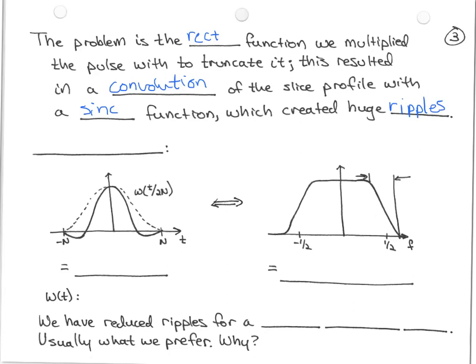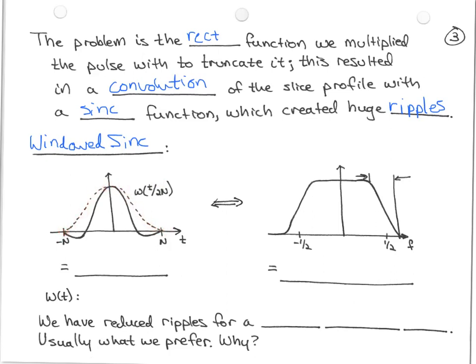Okay? So the solution to this, the trade-off that we make then, is to use what is called a windowed sinc function, and this is what you're going to implement on the homework. It looks a little bit like this. Essentially, you take a sinc function and you multiply it by a window function that is no longer a rect, which would look like that, but is instead this shaped function, right? It looks a little bit like a Gaussian shape.